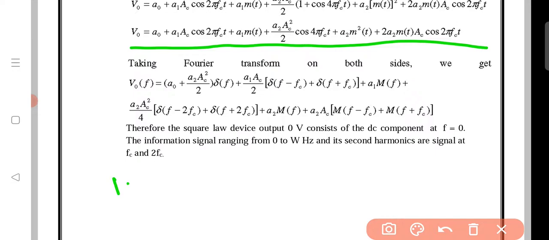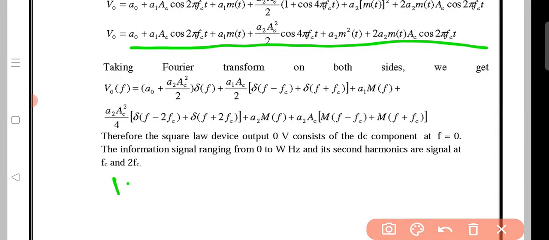You are very well aware of Fourier transform techniques from previous subjects like signals and systems and Fourier analysis, or in some mathematics subjects also, Fourier series techniques are there.